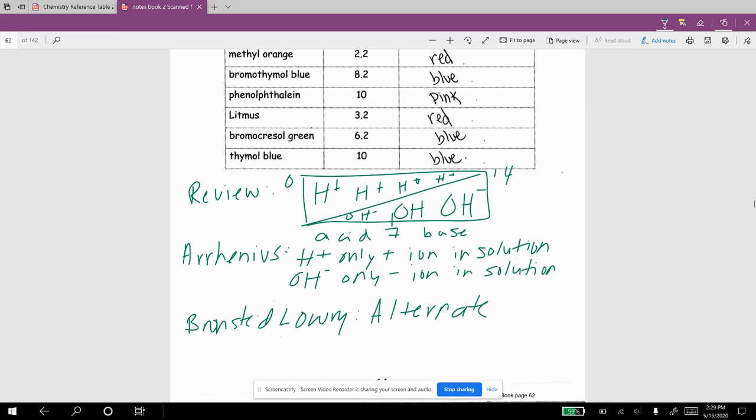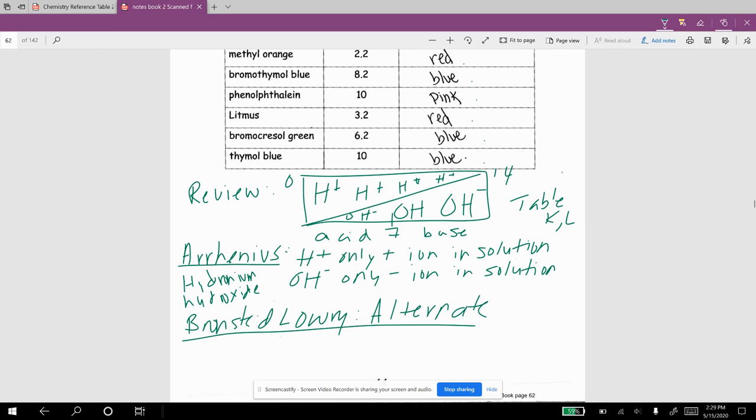We have hydronium, that is H+, and we have our hydroxide, the OH-. And again, Table K and Table L are going to have your Arrhenius acids and bases. That's our Arrhenius theory.